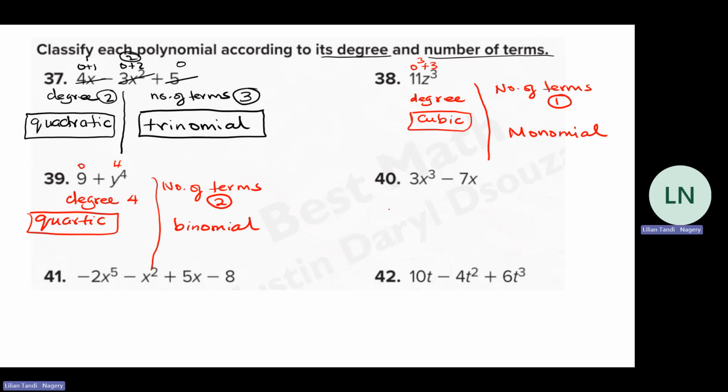Let's do this one. Binomial, because number of terms is 2. Term 1, term 2. So number of terms is 2, so it's called what? A binomial. Remember, the answer is the one that is in the box.